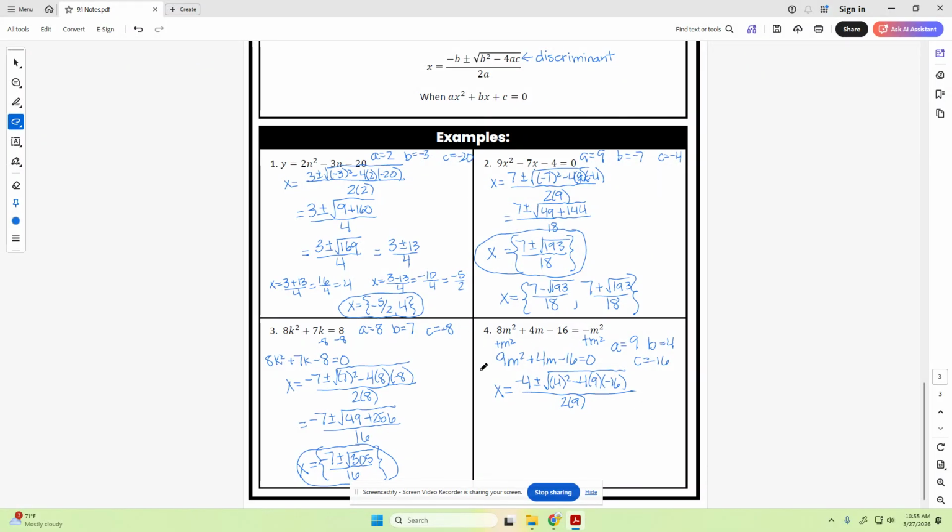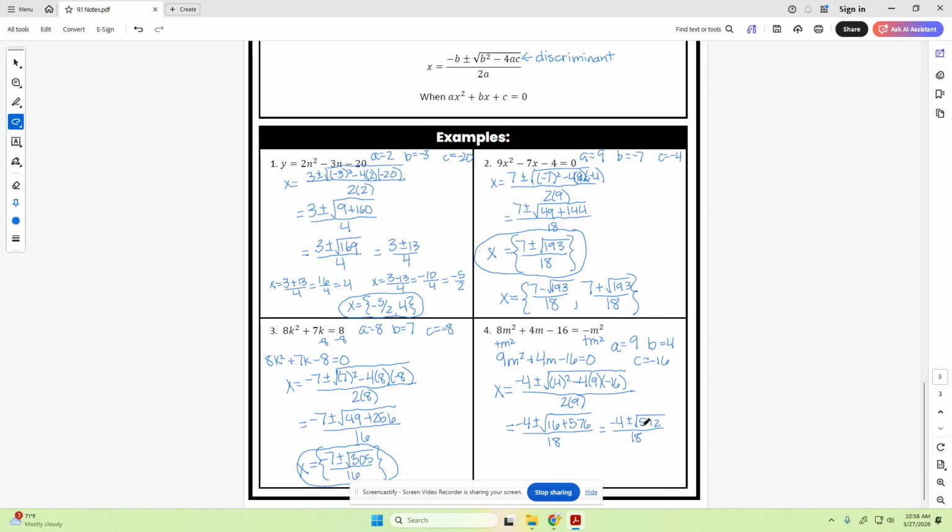So now we're simplifying. Negative 4 plus or minus the square root of 16 plus 576, divided by 18. And since I'm running out of space, this simplifies to the square root of 592 divided by 18.